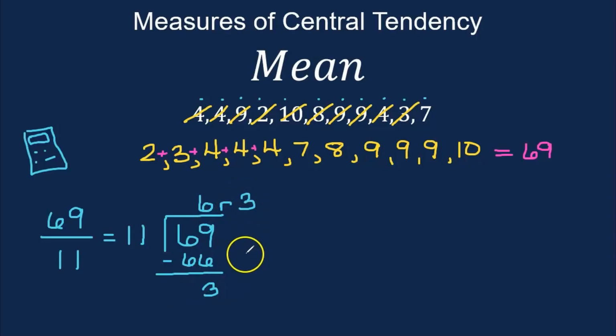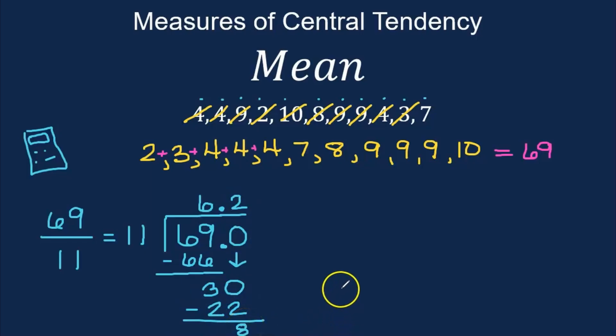When you subtract these, 9 minus 6 is 3, 6 minus 6 is 0, so we would have a remainder of 3. Now, like I've said, we're not really going to be using remainders. Let's go ahead, since we have a little bit of space here, and figure out what we would do. We're going to put our decimal here, and we're going to add a 0, and then we're going to bring that 0 down to turn this 3 into a 30. 11 goes into 30 2 times, and this is 22. And when we subtract, we get a remainder of 8.